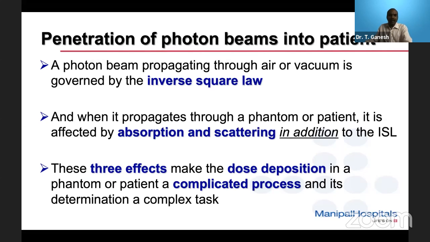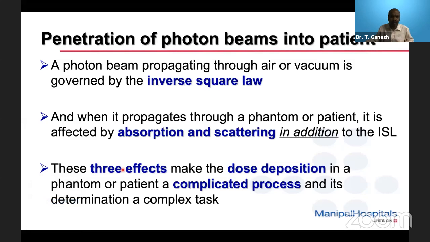First of all, to know why dosimetric functions are used, we have to know how the photon beam is transported from the source to the body and how the dose is deposited. A photon beam propagating through air or vacuum is governed by the inverse square law.